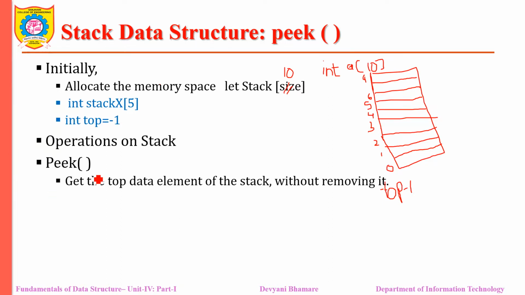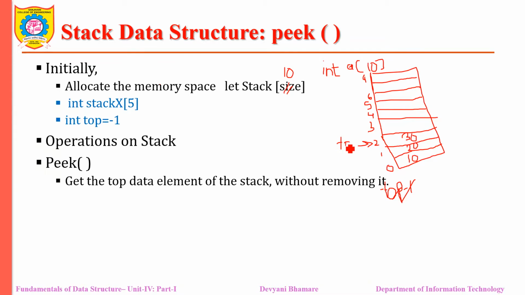What is peek? Peek is the operation which gives us the element present at the top of the stack, but we are not removing that element. Assume my stack contains the element 10, then 20, fine, then the third element on the stack is 30. Now the top is pointing to index 2, as that is the index of our topmost element.